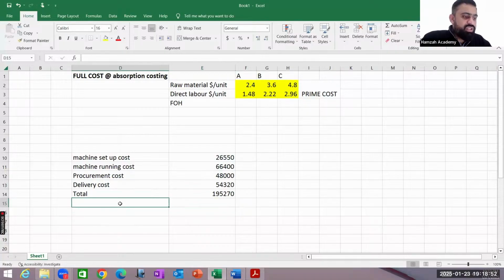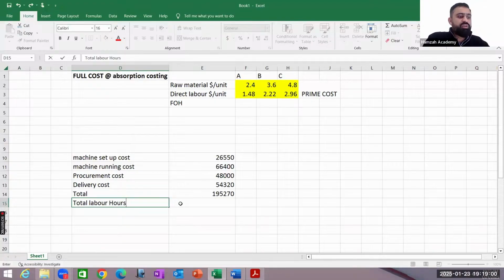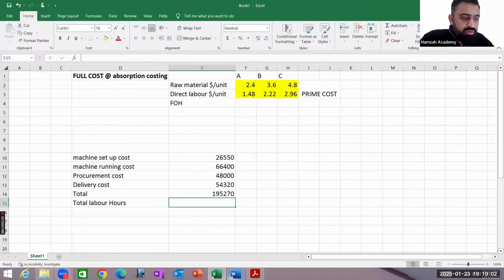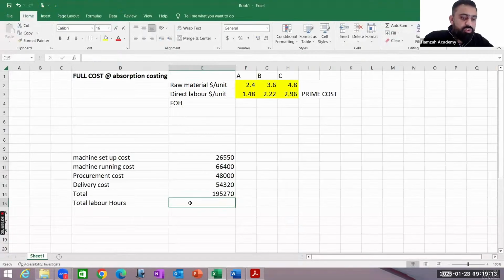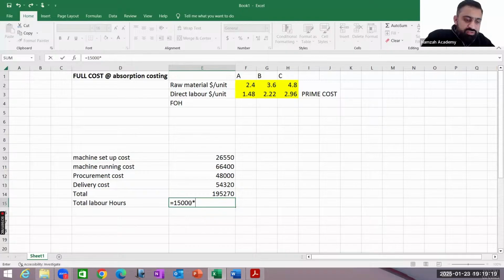Now we need total labor hour. Now, coming back to the question, the production of A, B and C is 15,000, 12,000, and 18,000. So for product A, the production will be 15,000, and each unit needs 0.1 hour.